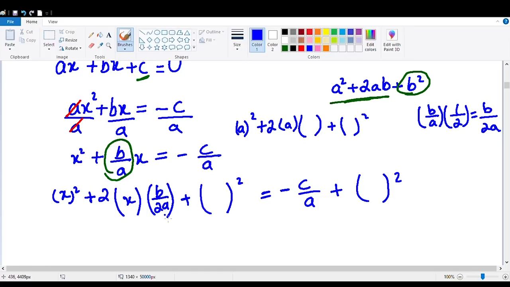So that's why we can write it like b over 2a when we multiply b over a by 1 over 2. We're not going to really cross it out because we want to sum up the formula.